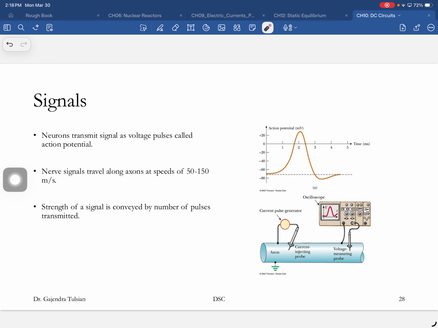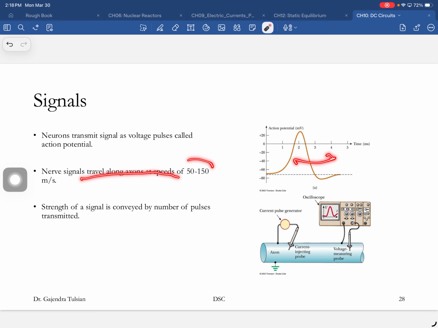Now, when you're generating a nerve impulse, what you're doing is changing the property of the cell wall there, and now you're making it permeable to sodium ions. So this was negative, so what will happen? It'll attract these positive ions. So for 2 milliseconds, positive ions flow in here, and this becomes plus 20 millivolts.